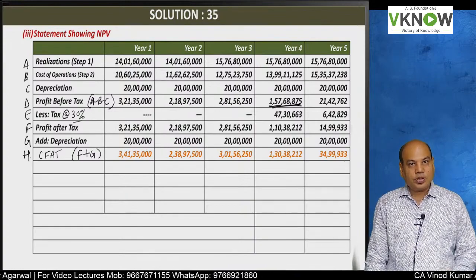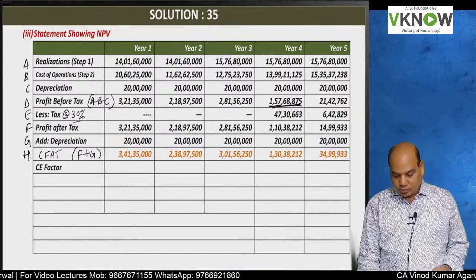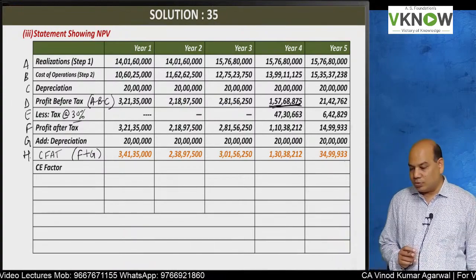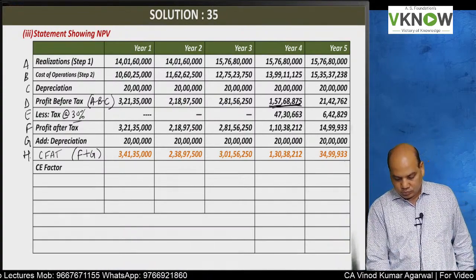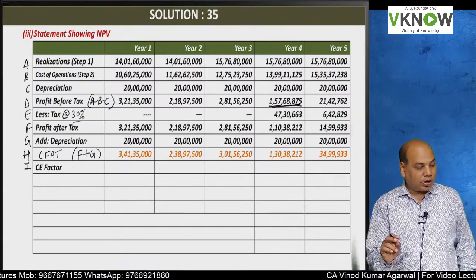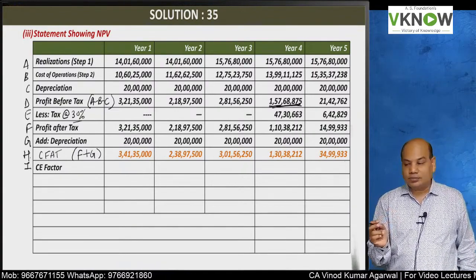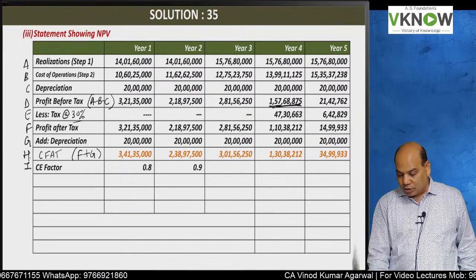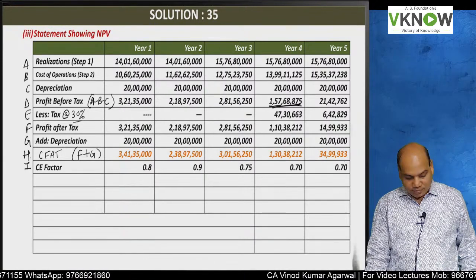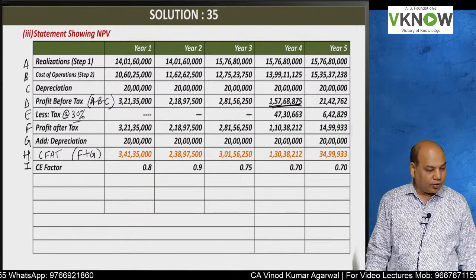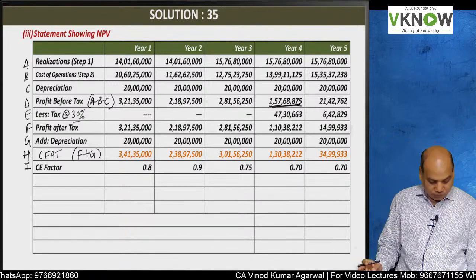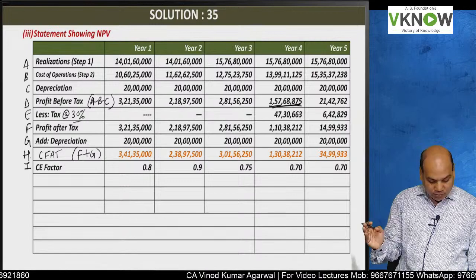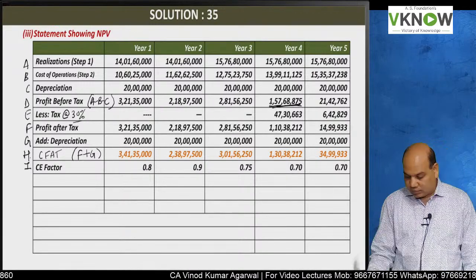But in this question there is one more adjustment. You have to convert into certain cash flow. They have given you the certainty equivalent factor, and if they have given, you will have to give full respect. These are the factors given for different years. Follow the question: 0.8, 0.9, 0.75, 0.7 and 0.7.